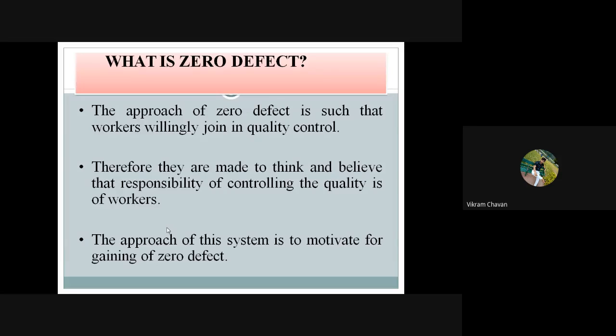The approach of zero defect is such that workers willingly join in quality control. Full stop.